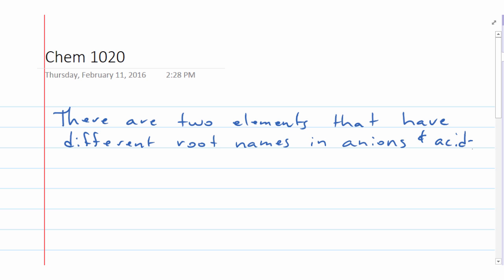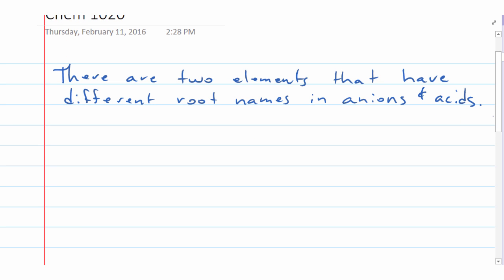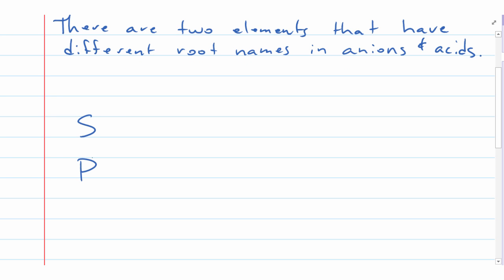And I think that the reason for this is that there were some compounds that were named in an organic chemistry convention that we couldn't duplicate names, so we had to come up with a different way of naming these, which is why these wind up with different root names for inorganic compounds. And those 2 elements are sulfur and phosphorus.